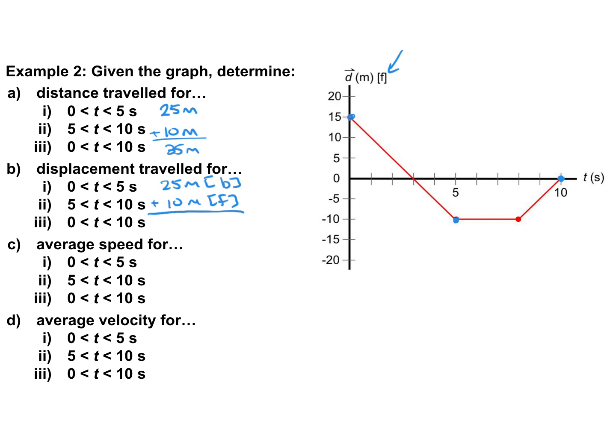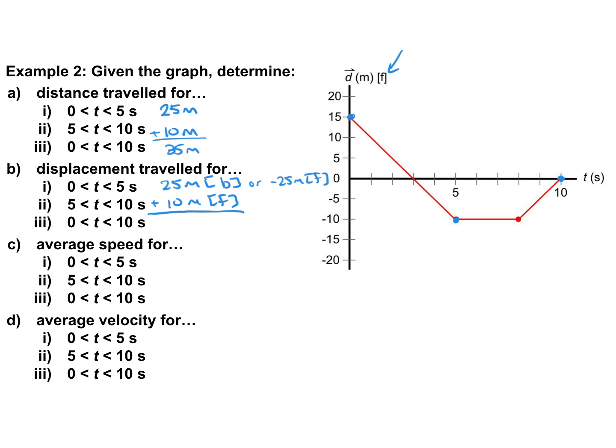We're going to add these, but now we have to be careful. It's 25 meters backwards plus 10 meters forwards. You can think of 25 meters backwards as -25 meters forwards.